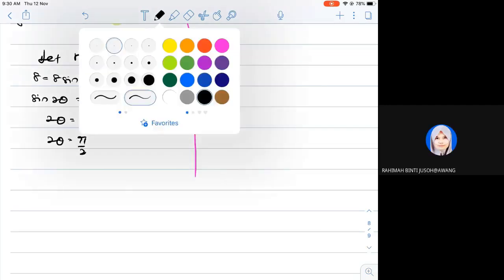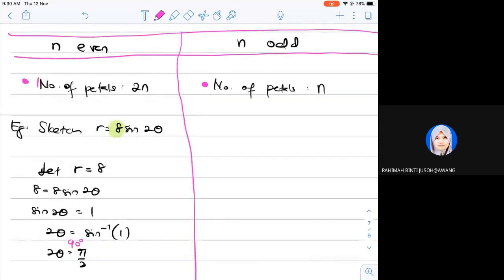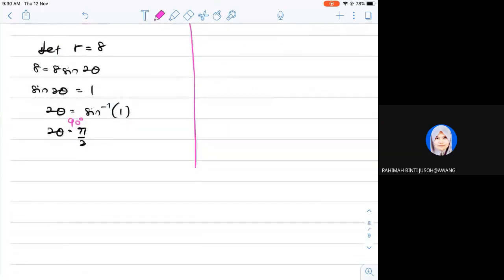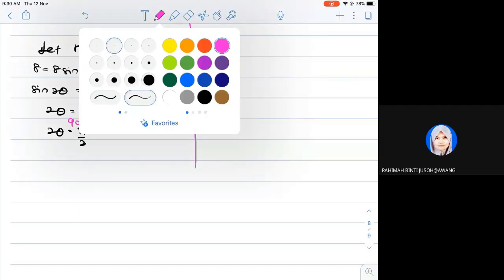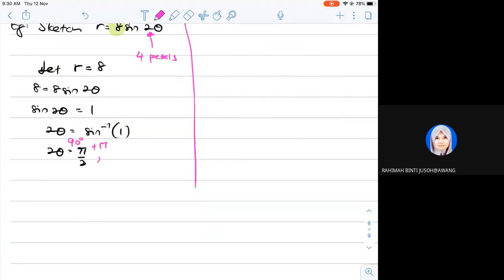Now for n even, we should plus pi. How many petals do we have? 4 petals. So we should find another 3 coordinates. Untuk dapatkan 4 kelopak, kena cari lagi 3 sudut.